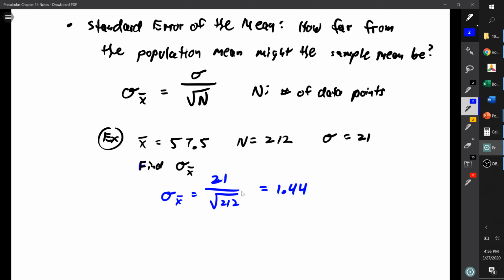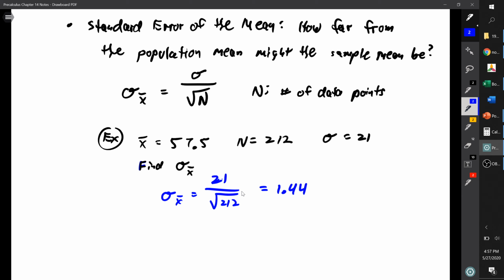So it's like, let's say the average grades are 57.5 for organic chemistry tests for college freshmen. And you're trying to get this out of all of the college students in the country, but you only sampled 212 of them. And when you collected this data, you calculated a standard deviation.